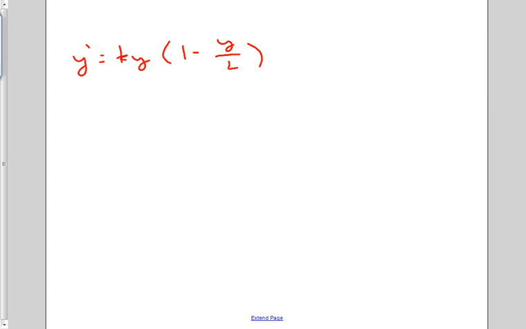Okay, so we say this is dy dx, and now I'm going to write the right-hand side as ky over L, and then in parentheses, L minus y. So essentially, I factored out 1 over L. Next, we're going to move everything with a y over to one side and everything with an x to the other side.